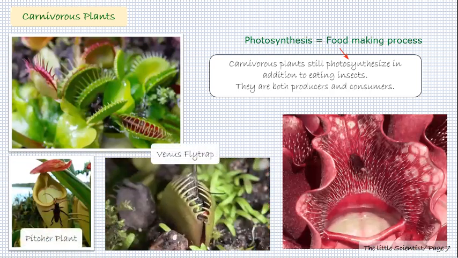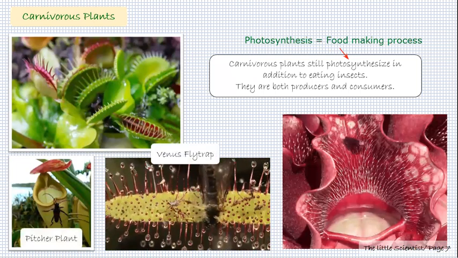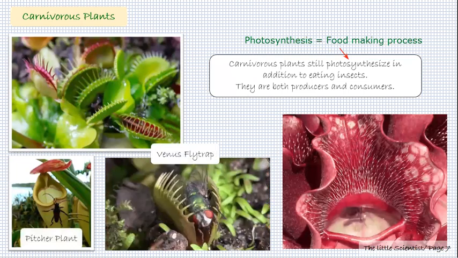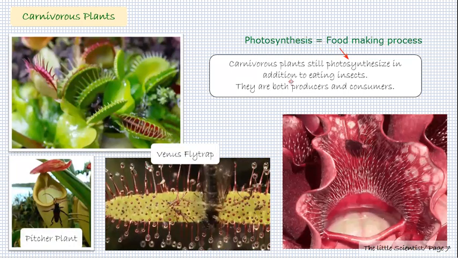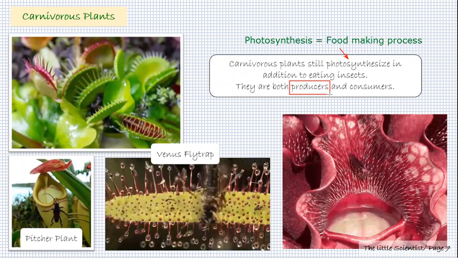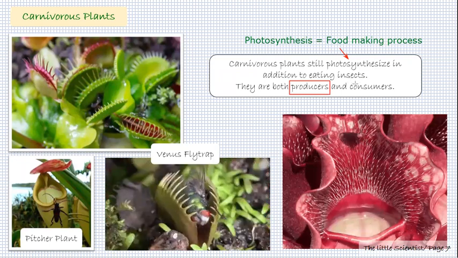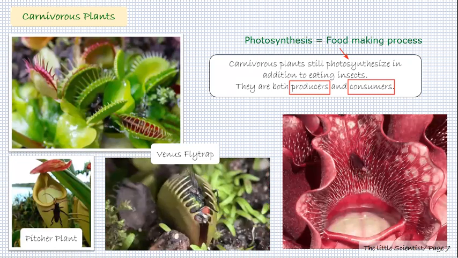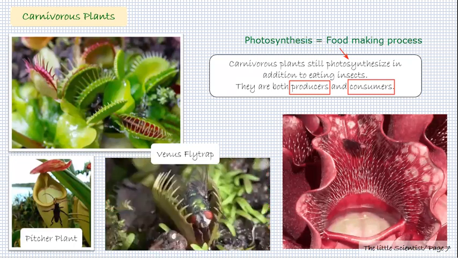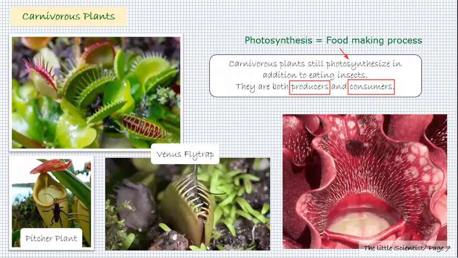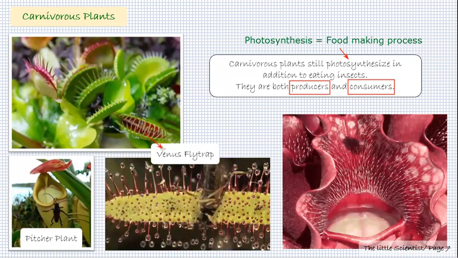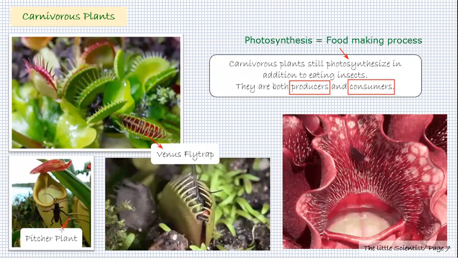So they feed on small animals such as insects. Since they go through photosynthesis, since they produce their own food, we call them producers. And since they eat also, we call them consumers. So they are both producers and consumers. Examples of carnivorous plants, we have the Venus flytrap and the pitcher plant.